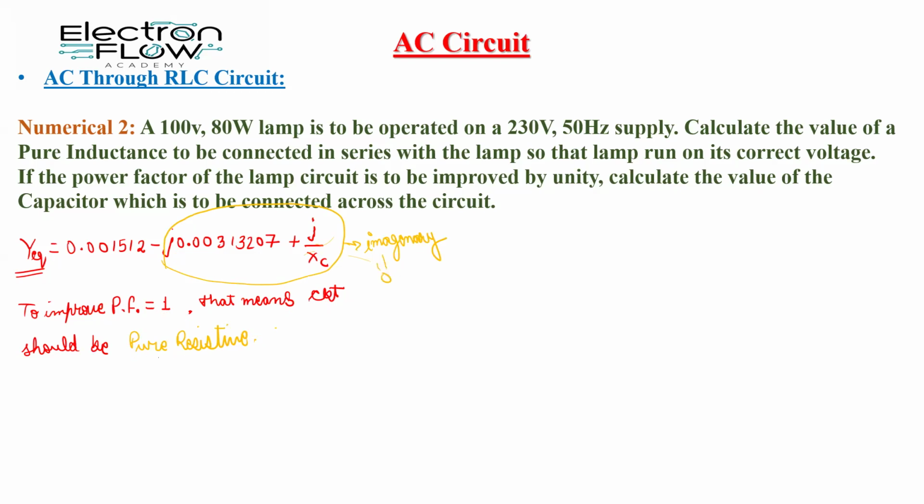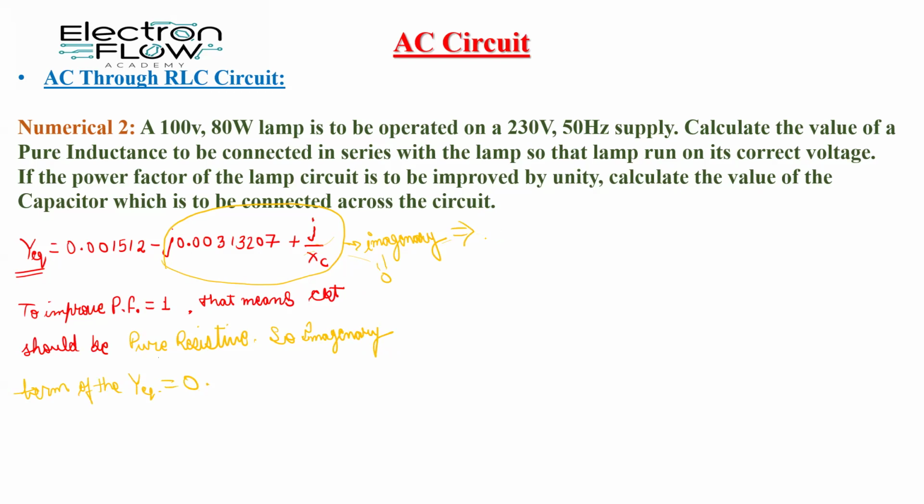So the imaginary term of the admittance should be equal to 0, making the j term equal to 0.